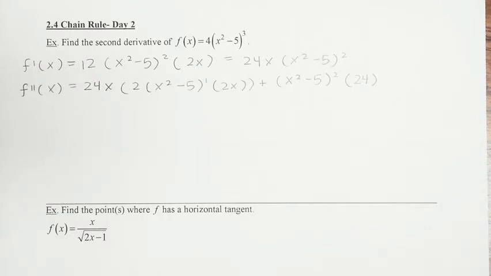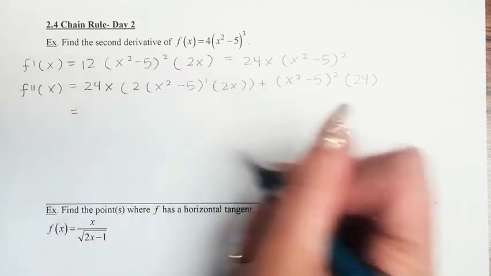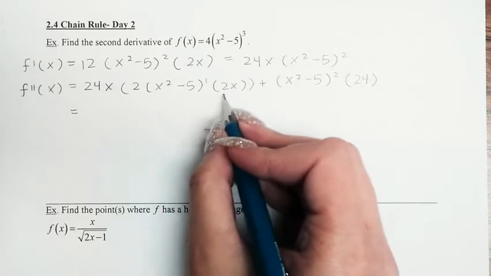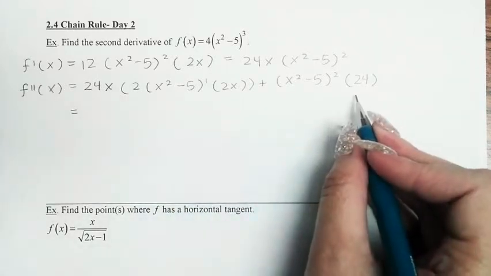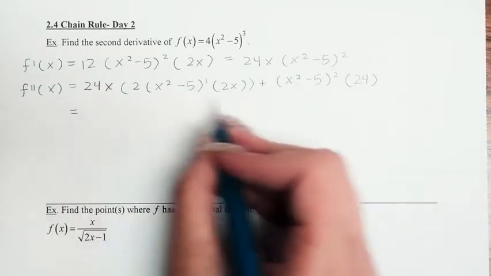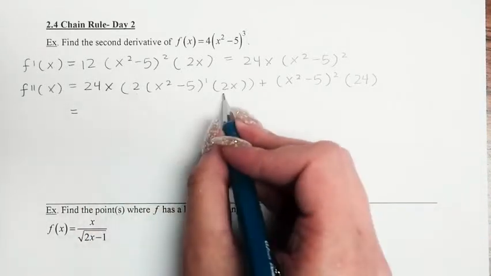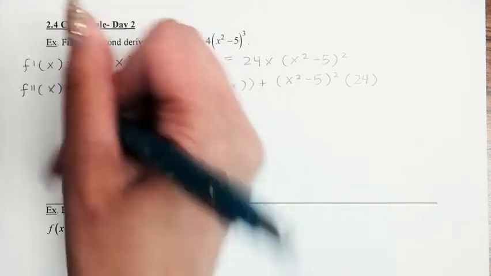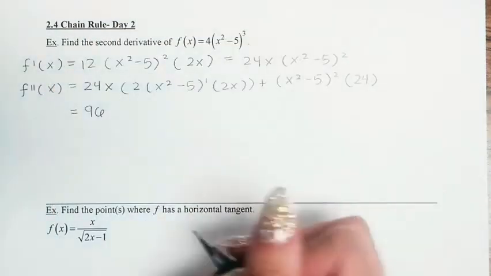Now I'm going to simplify it a little bit so it looks better. Here we have 24 times 2 times 2, which is going to be 96.